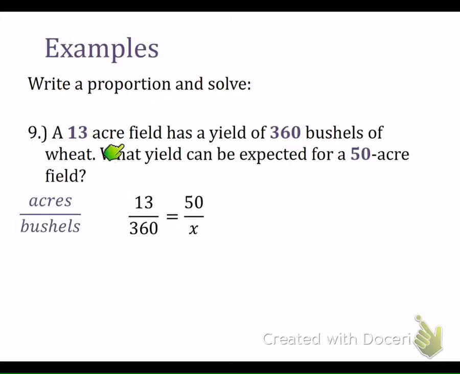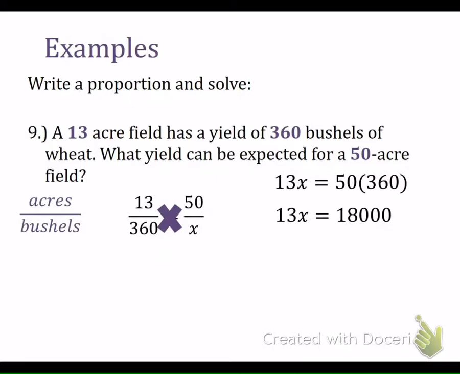How many bushels can you expect from 50 acres? So line up acres and acres, bushels and bushels. Cross multiply, we get 13x equals 50 times 360. Yep. Divide by 13.